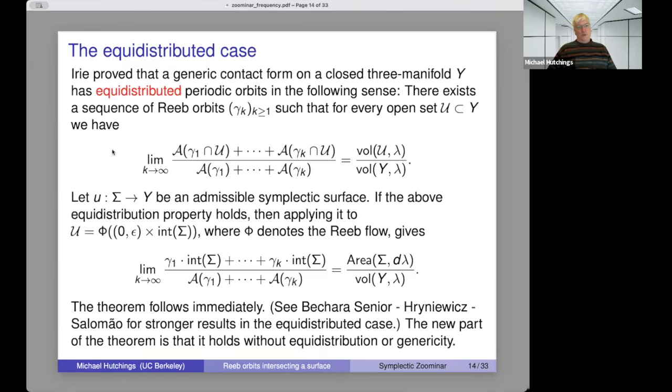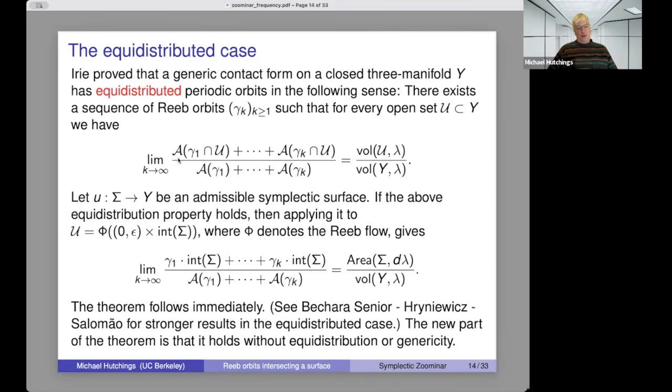Now, generically, my theorem is nothing new, because generically, Irie proves that the Reeb orbits are equidistributed. One version of what he proved is that equidistributed means there's an infinite sequence of Reeb orbits, which might be repeated, such that if you take any open set U in Y, you look at this fraction.